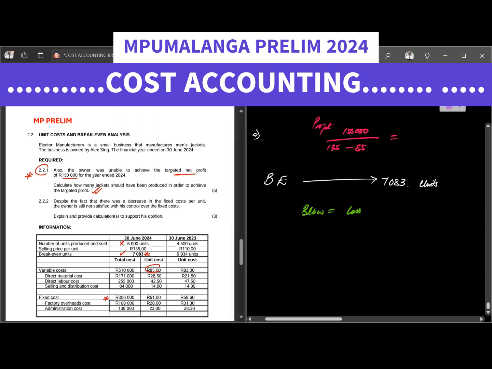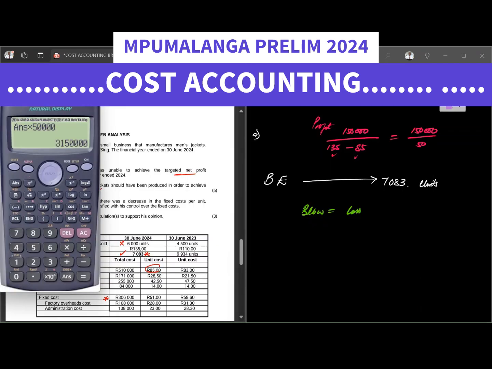Let's get our calculator so that we don't continue with the wrong figures. 135 minus 85 gives us 50. So I say 150,000 divided by 50, and that gives me 3,000.